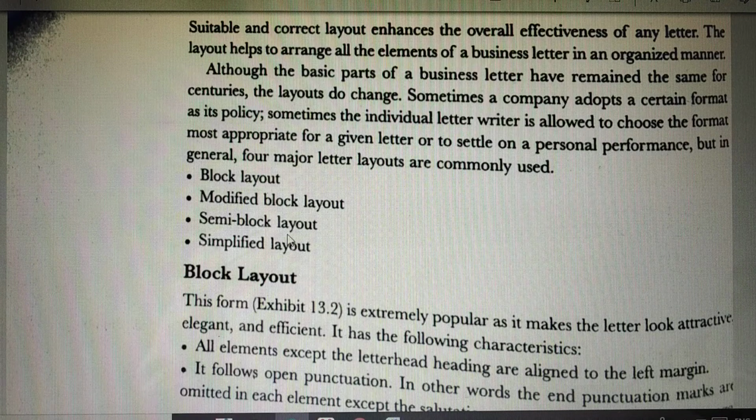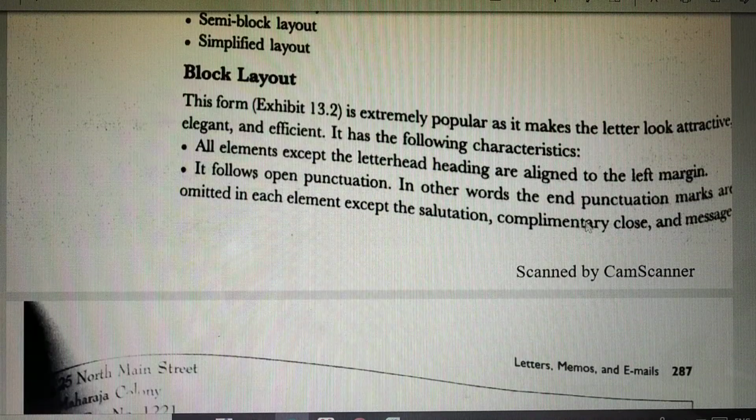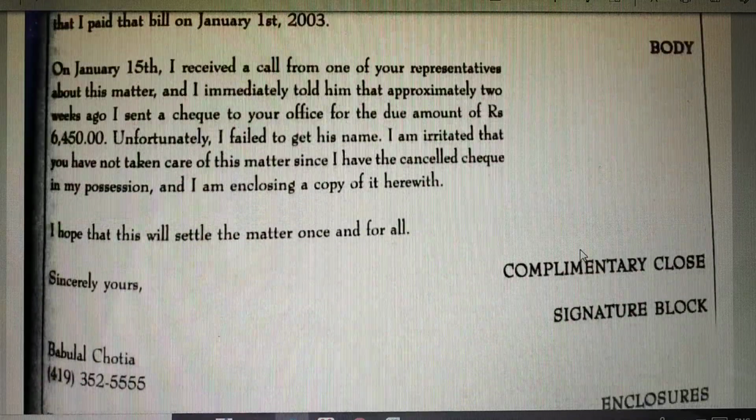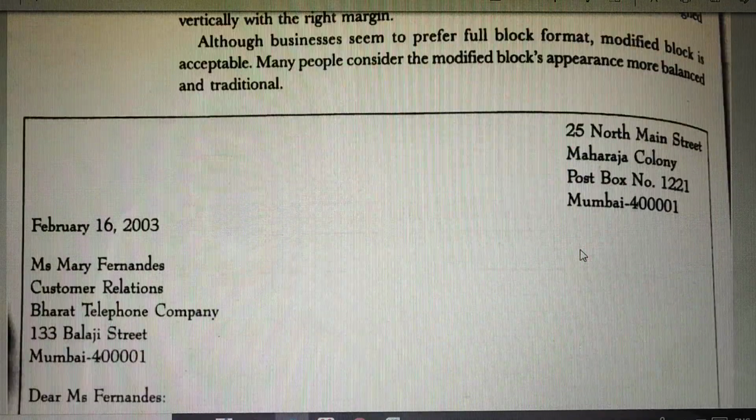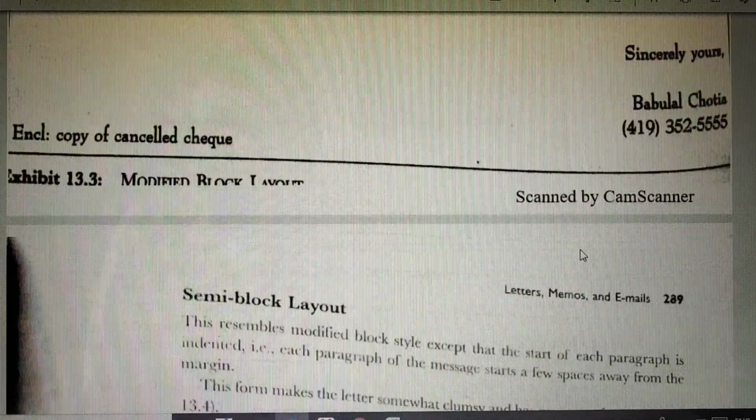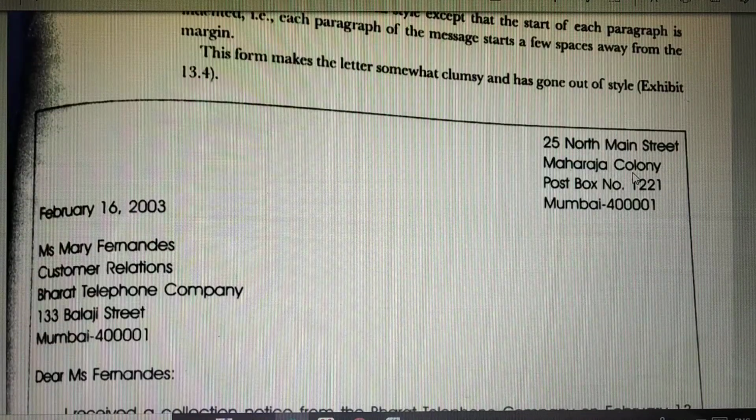Semi block layout means sender's address and date to the right side, receiver's address, subject should be at the center, salutation should be at the left side, then main body follows the justified order, and complementary clause should be at the right side. We will see with the example. The address of the sender should be to the right side, date should be to the right side also.